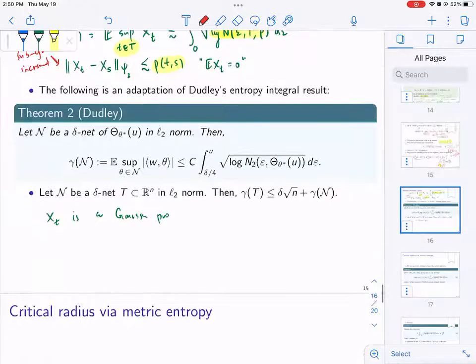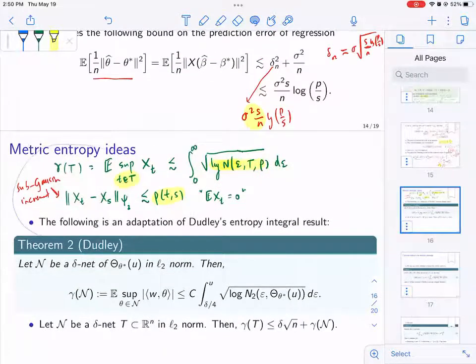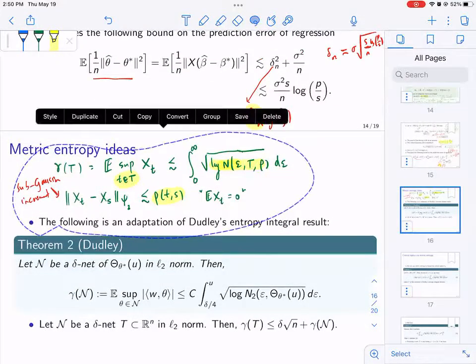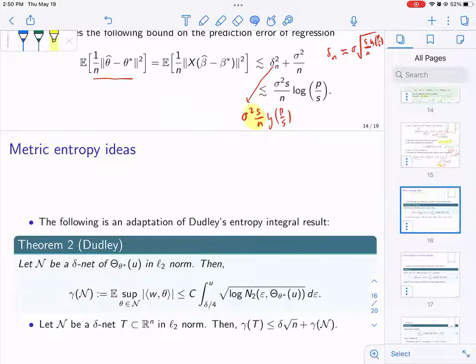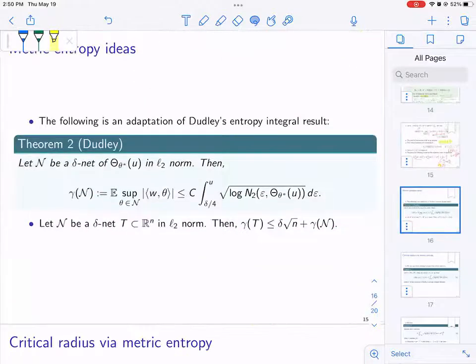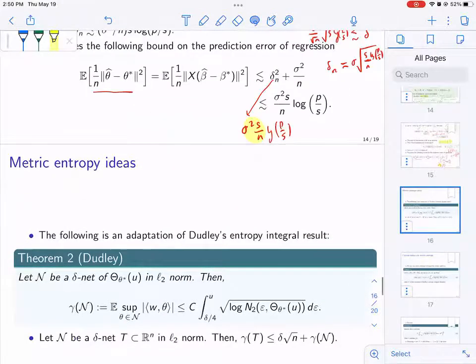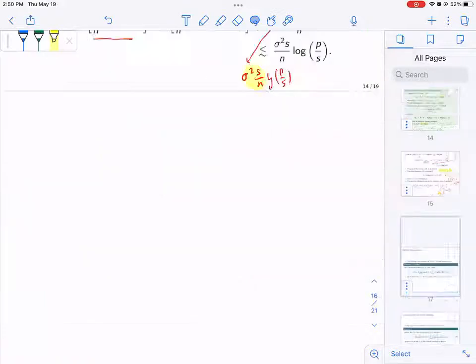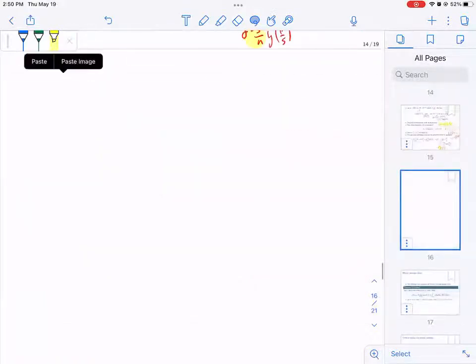If you look at a Gaussian process, so let me maybe do this earlier. What do I want to do here? Introduce these ideas first.